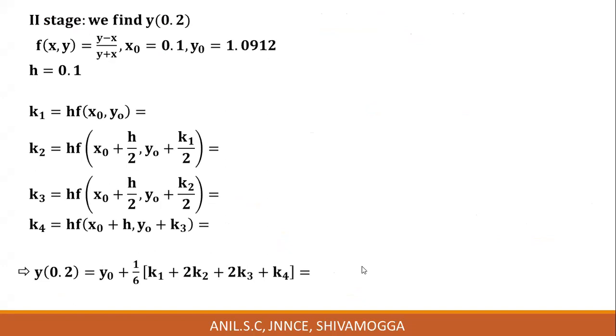X naught is equal to 0.1, y naught is equal to 1.0912, and f of x comma y remains unchanged, y minus x divided by y plus x, and h remains unchanged, 0.1.